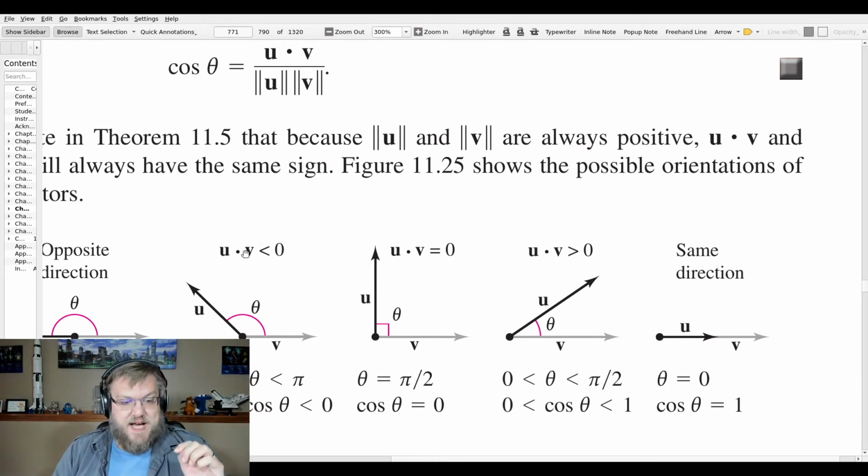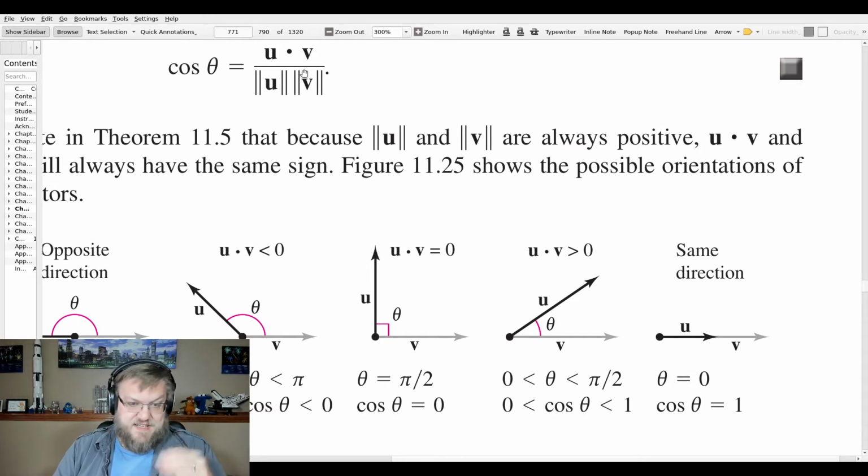Likewise, if the dot product is negative, if it's a negative number, which that can totally happen, right? Depending on if the components are negative or whatnot. If the dot product is negative, check out what happens with this formula. Now I have a negative number divided by something always positive. So now I know the cosine of theta is a negative number in that case.